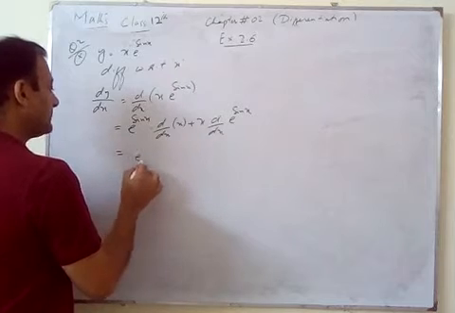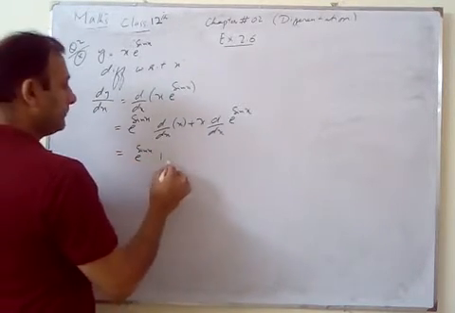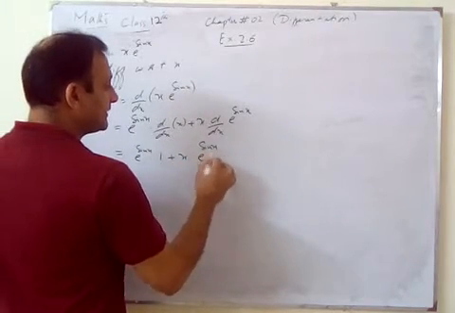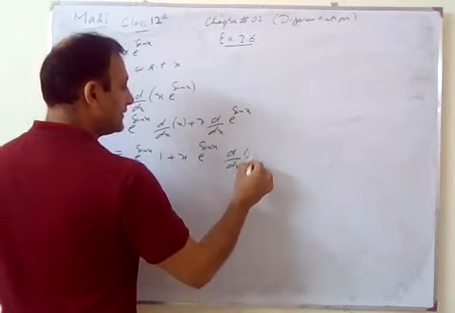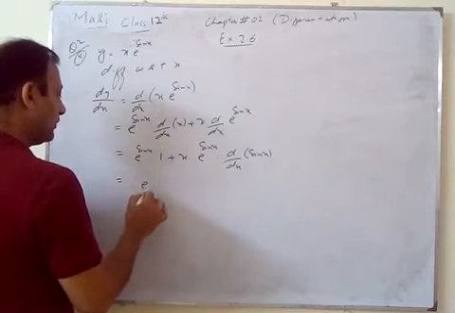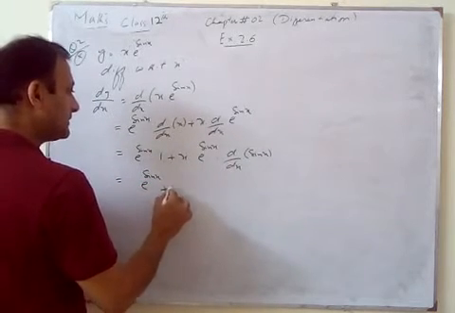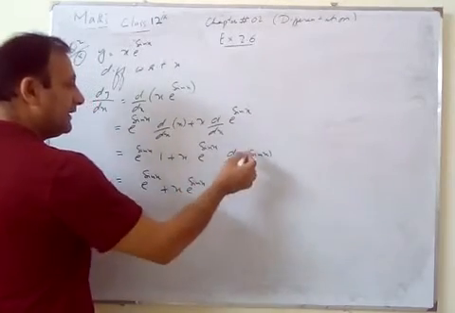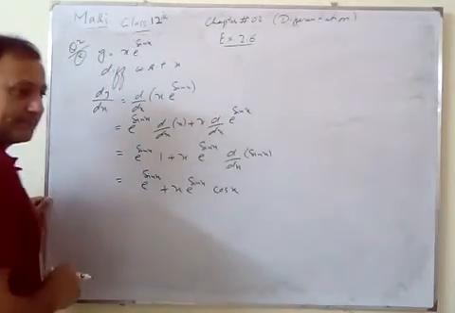So e power sin x into 1 plus x into e power sin x into the derivative of sin x, which is cos x.